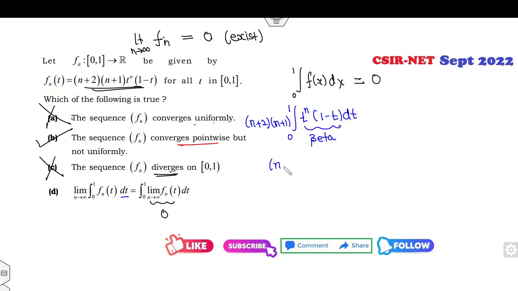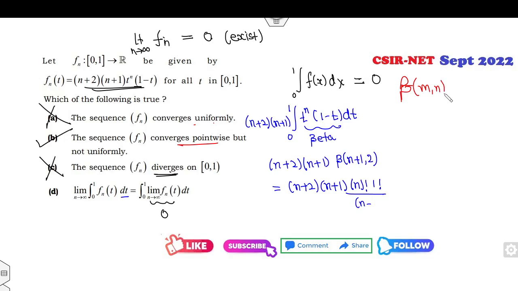Fine. So what is the integration of this component? It is beta of n plus 1, comma 2. How can you open the beta function? n plus 2, n plus 1 into n factorial, 1 factorial, over the denominator. Firstly I can tell you the beta function of m, n is gamma of m, gamma of n, over gamma of m plus n.